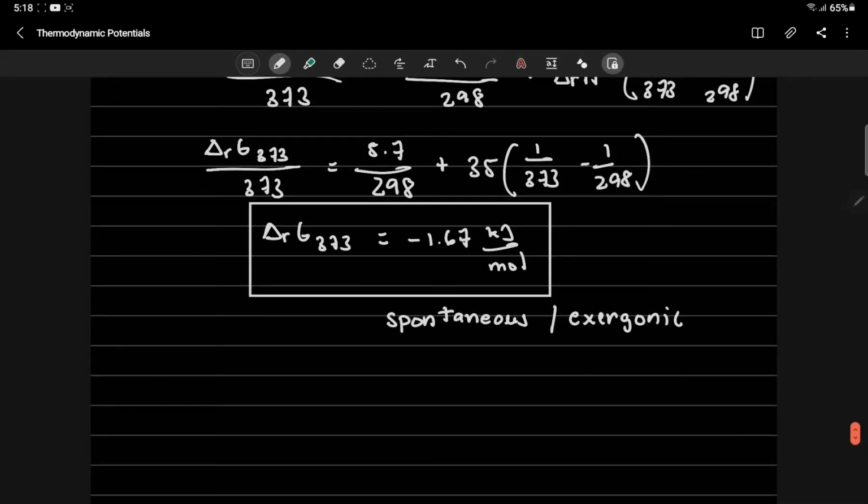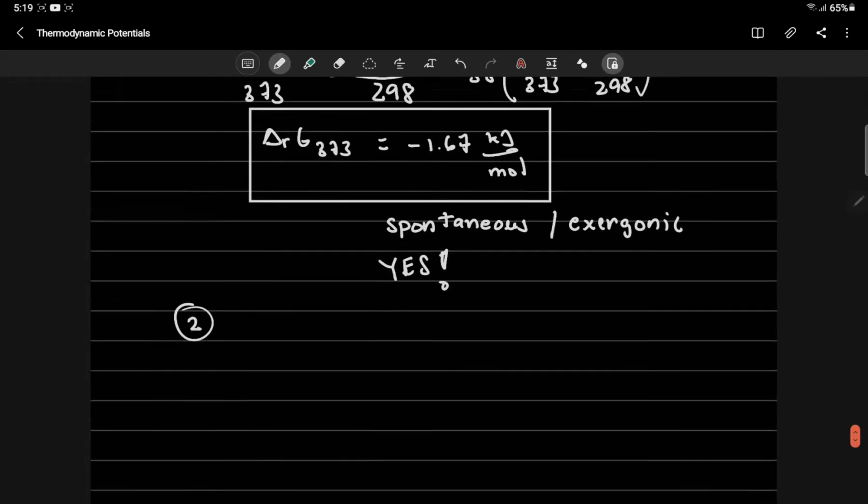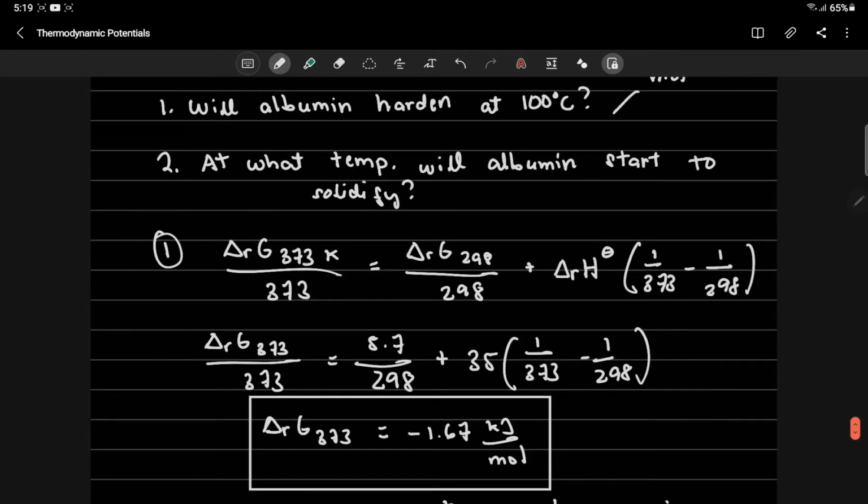Negative si Gibbs free energy, so the answer is a solid yes. Next, let's answer the second question. Ang tanong doon is, at what temperature will albumin start to solidify? So alam natin na nagsosolidify na siya at 100 degrees Celsius according to number 1. Pero ano yung start? Ano yung temperature kung saan nag-start siya mag-solidify?